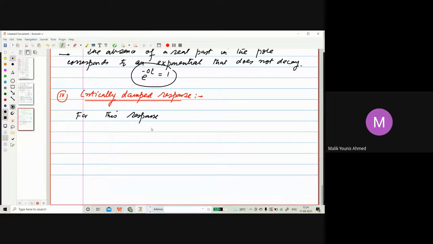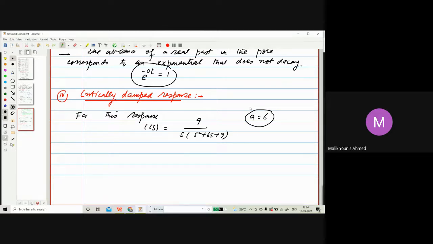For this response, B will be constant as 9. So 9 divided by S, from the unit step input, times S square plus 6S plus 9. So we are choosing the A value as 6 in order to change the response.